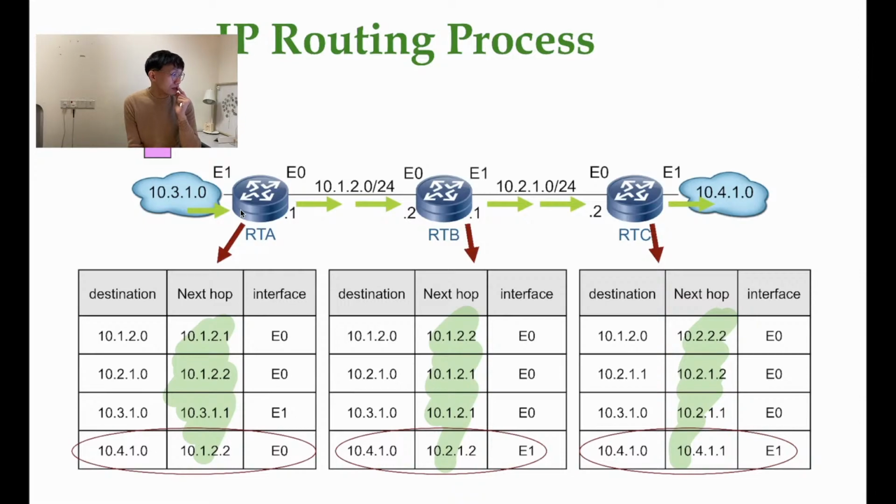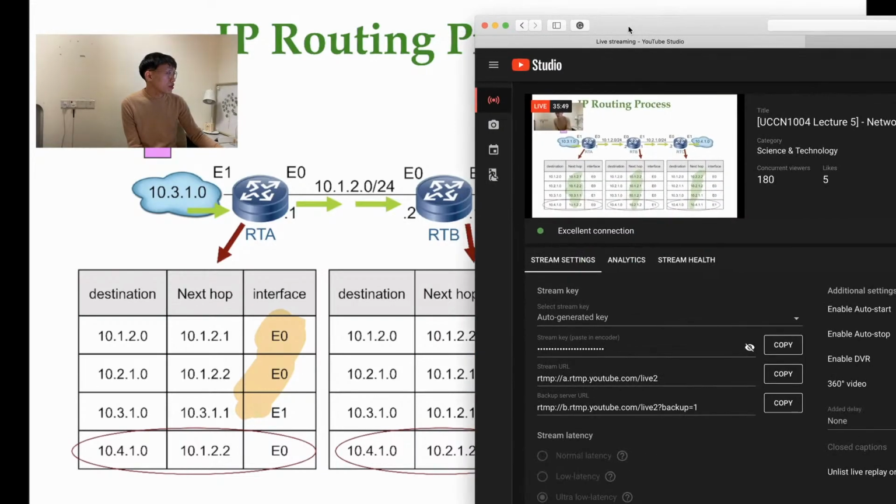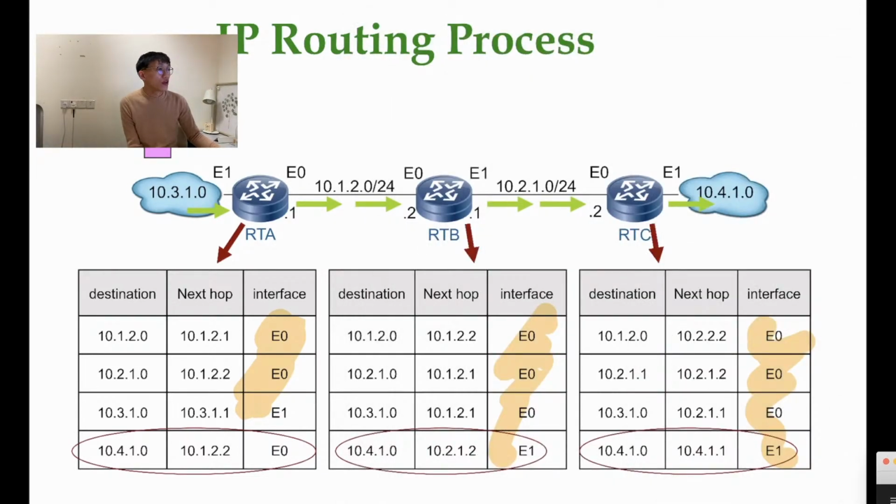Okay, now the last column here, I will do this in orange color. The one that you see in orange color is the interface. What we mean by interface is that a packet that gets into the router has to get out from one interface. So all the things that you see in orange color are the interfaces that the packet should get out from.